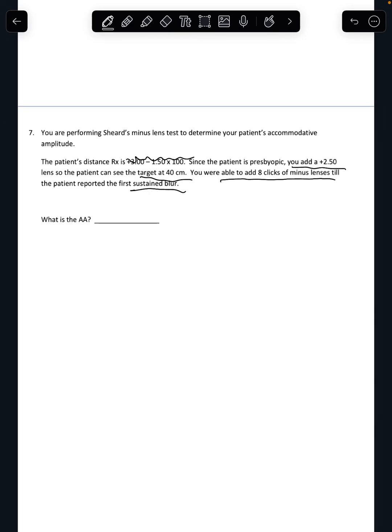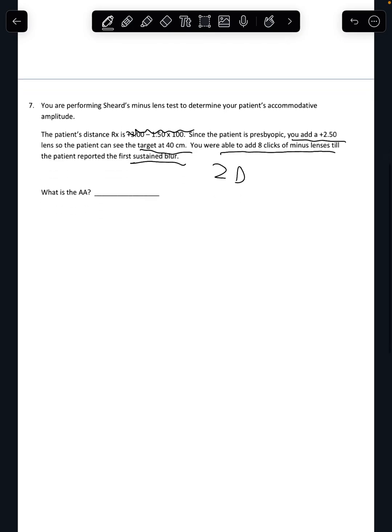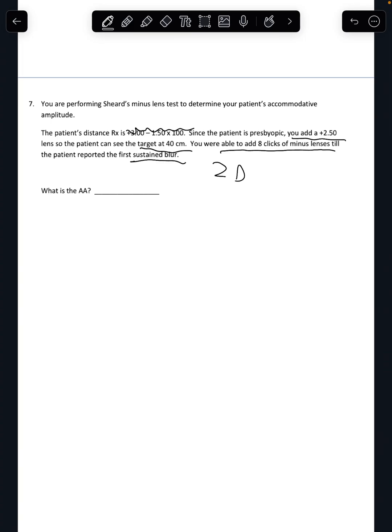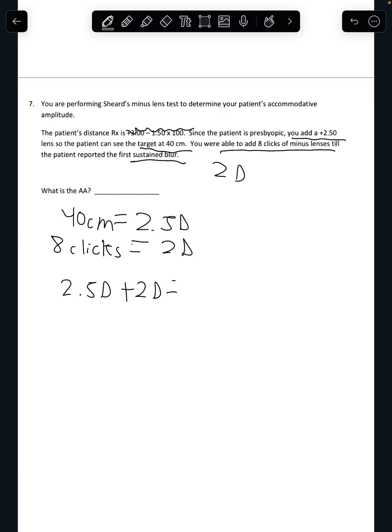Since every click of minus is 0.25 diopters, 8 clicks is 2 diopters. Okay, so they're working at 40 centimeters, so that's still 2.5 diopters. We are able to add 8 clicks of minus, which is equal to 2 diopters. So 2.5 D plus 2 D equals 4.5 D.